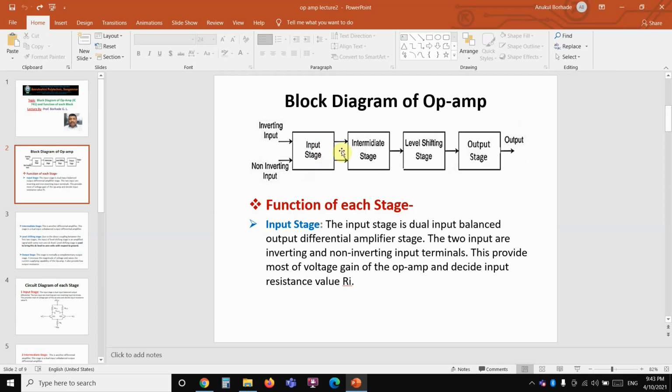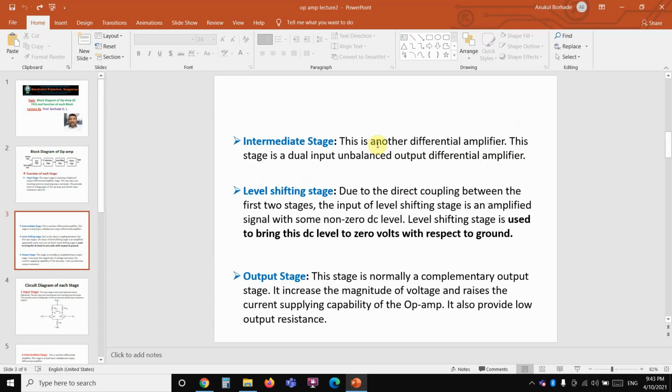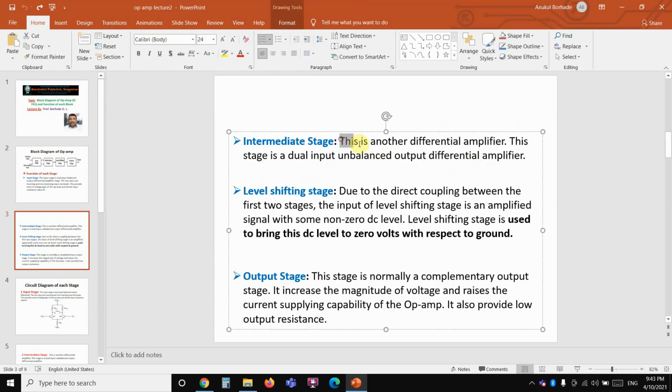Then the second stage of the op-amp is the intermediate stage. The output of the input stage is applied to the intermediate stage. This stage is known as the dual input unbalanced output differential amplifier. Why?